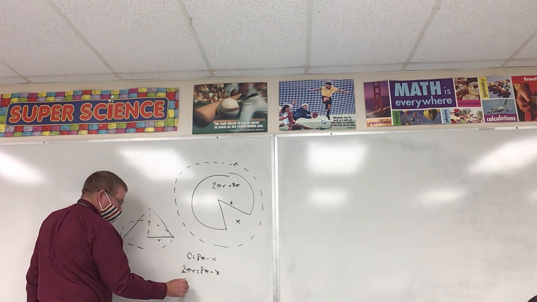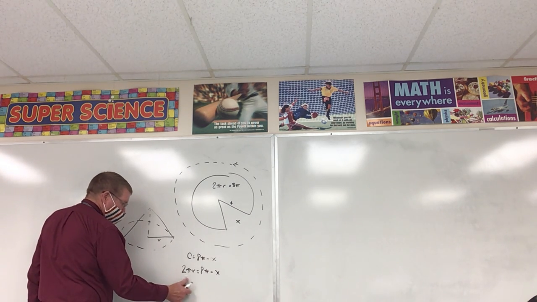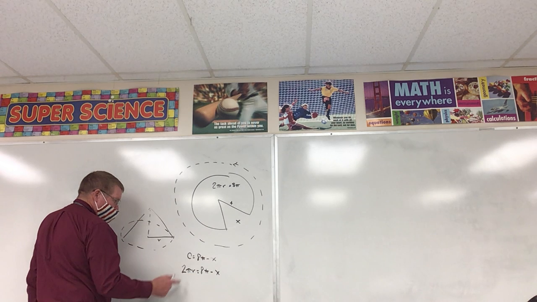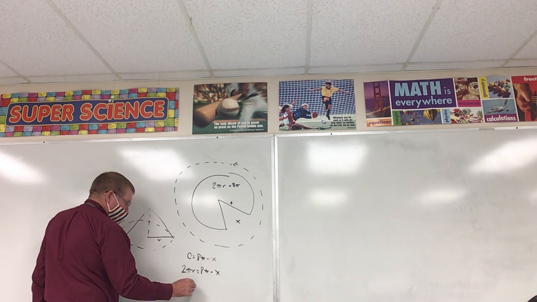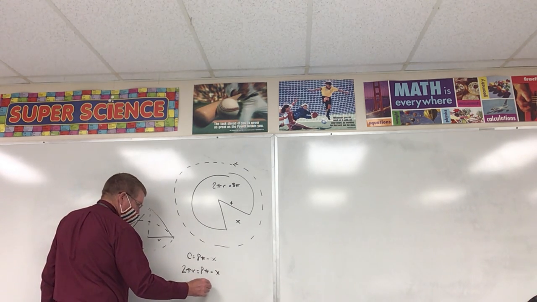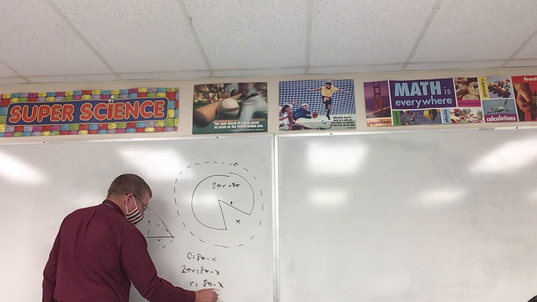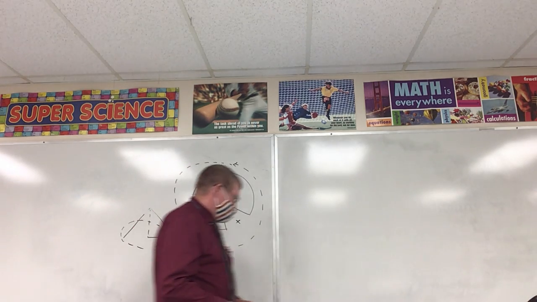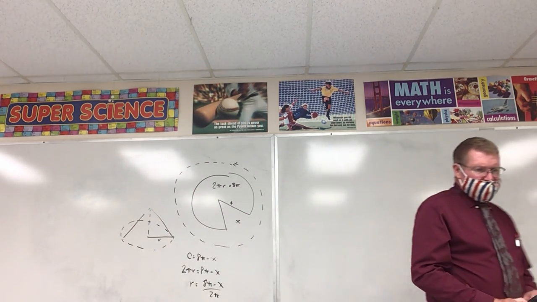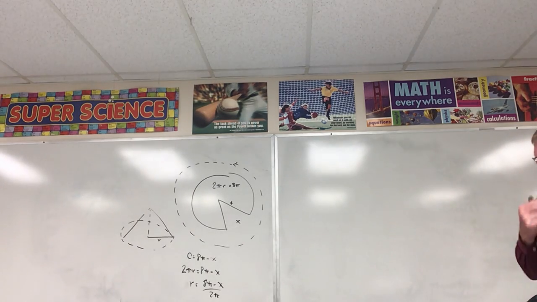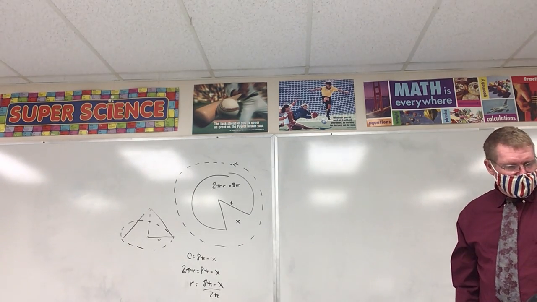We're looking for r, so we're going to divide by 2 pi. So we get 8 pi minus x over 2 pi, or you can have 4 minus x over 2 pi.